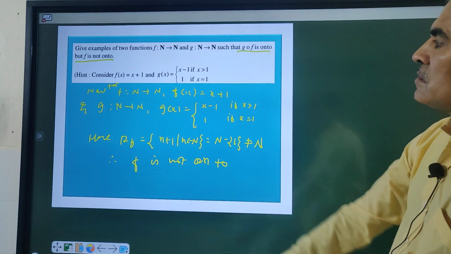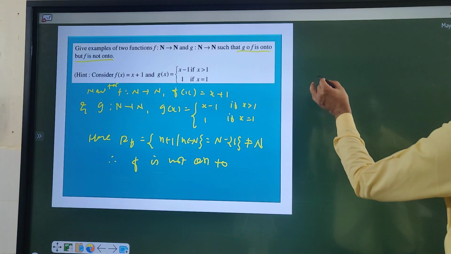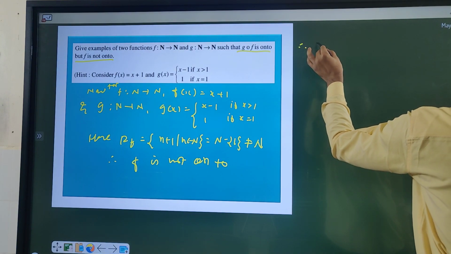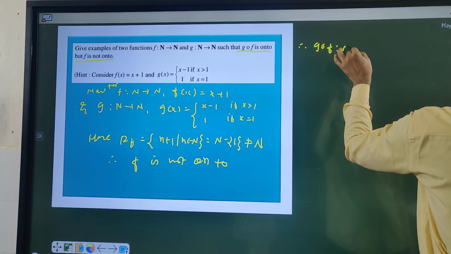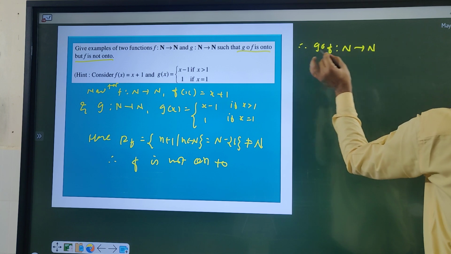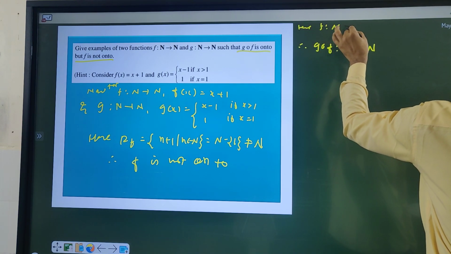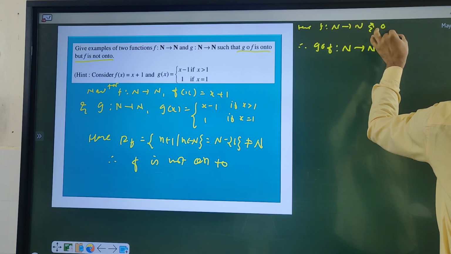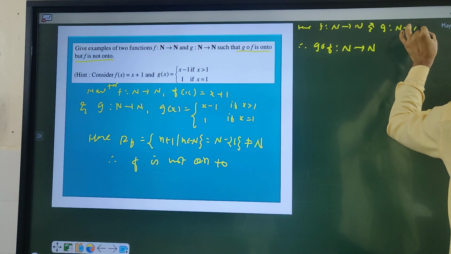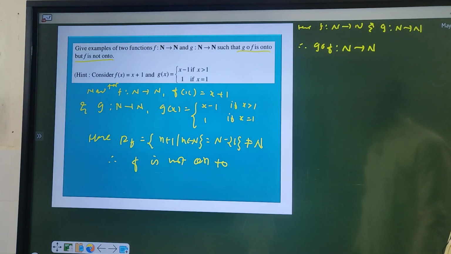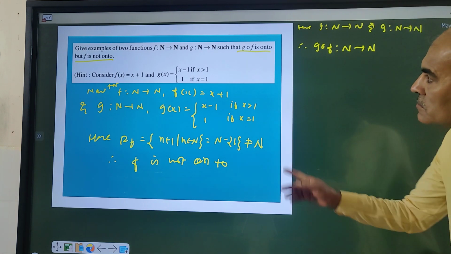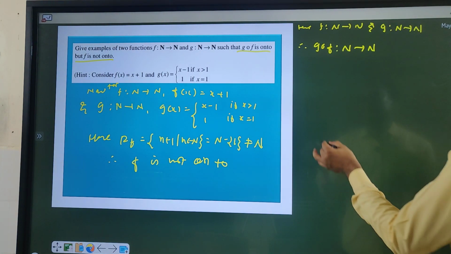Now f and g both are from N to N, and therefore gof is also from N to N, and we want to show that it is a one-one function.